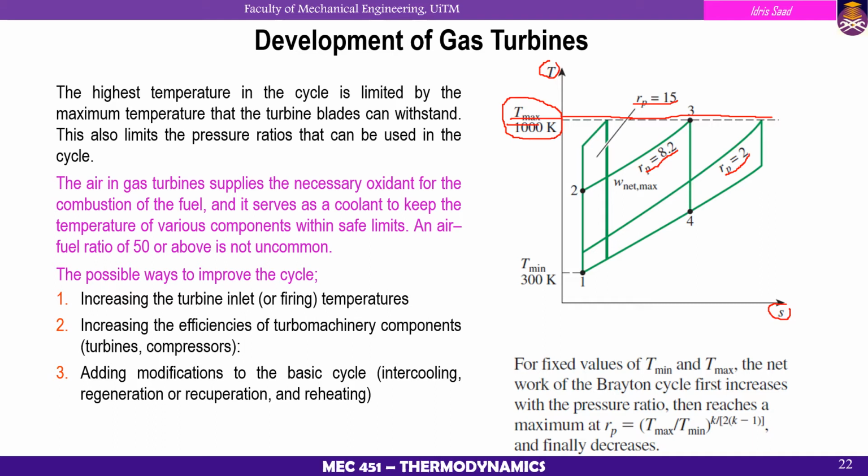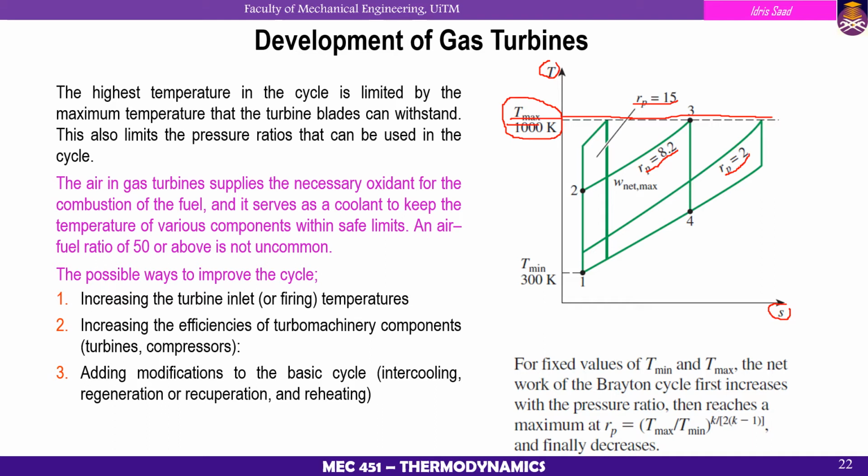The air intake in the gas turbine engine will supply the necessary oxygen for the combustion of the fuel, and it also serves as a coolant to keep the temperature of the various components in the gas turbine engine within safe limits. So normally an air-fuel ratio of 50 or above is common for the gas turbine engine.